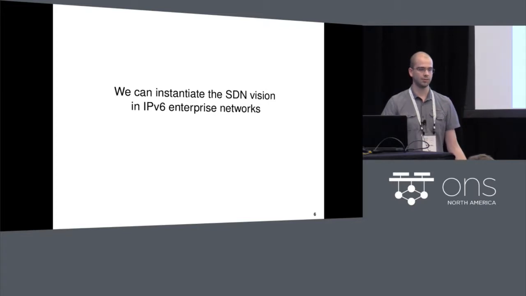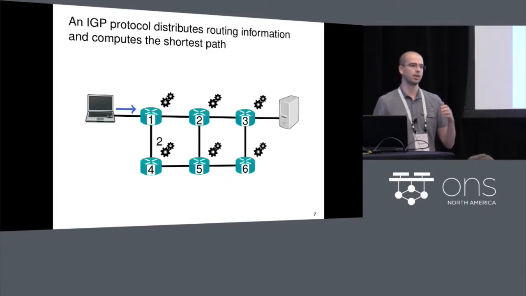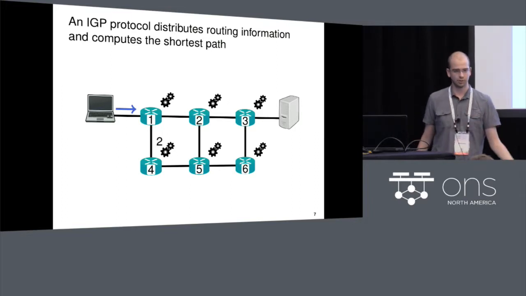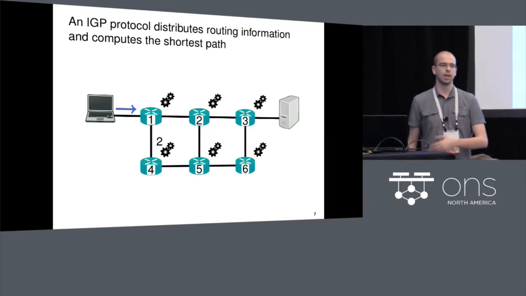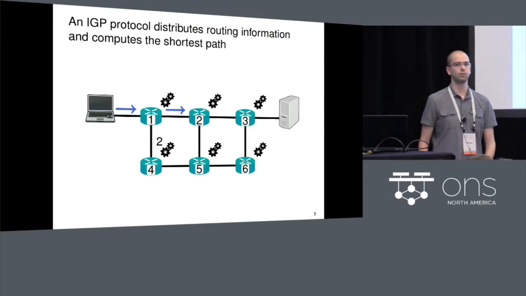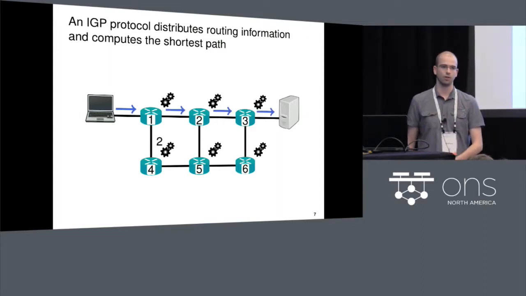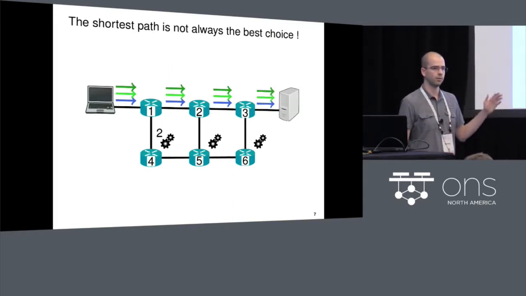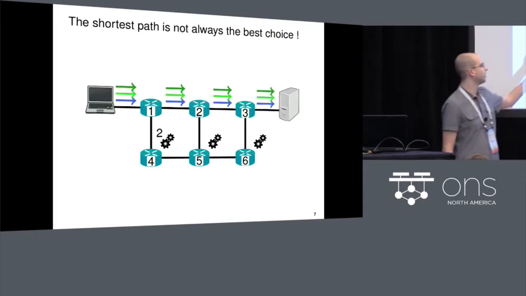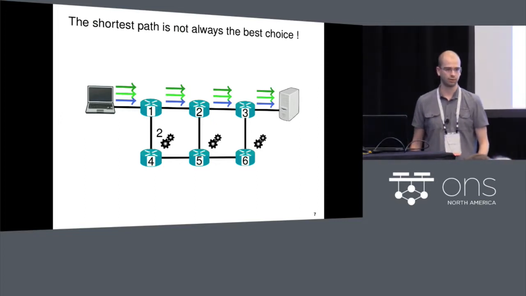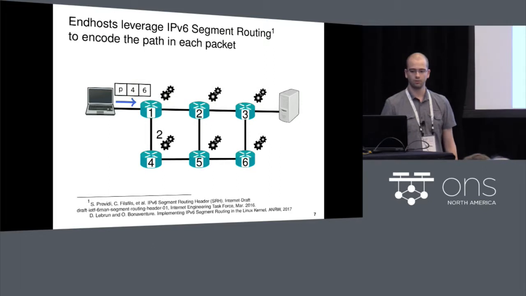An IPv6 enterprise network will typically run an IGP protocol that distributes routing information, and this allows traffic to go through the shortest path to the destination. Of course, the shortest path is not always the best choice. For instance, if you want to do traffic engineering, you may want to use the lower path on the network. How do you do that?